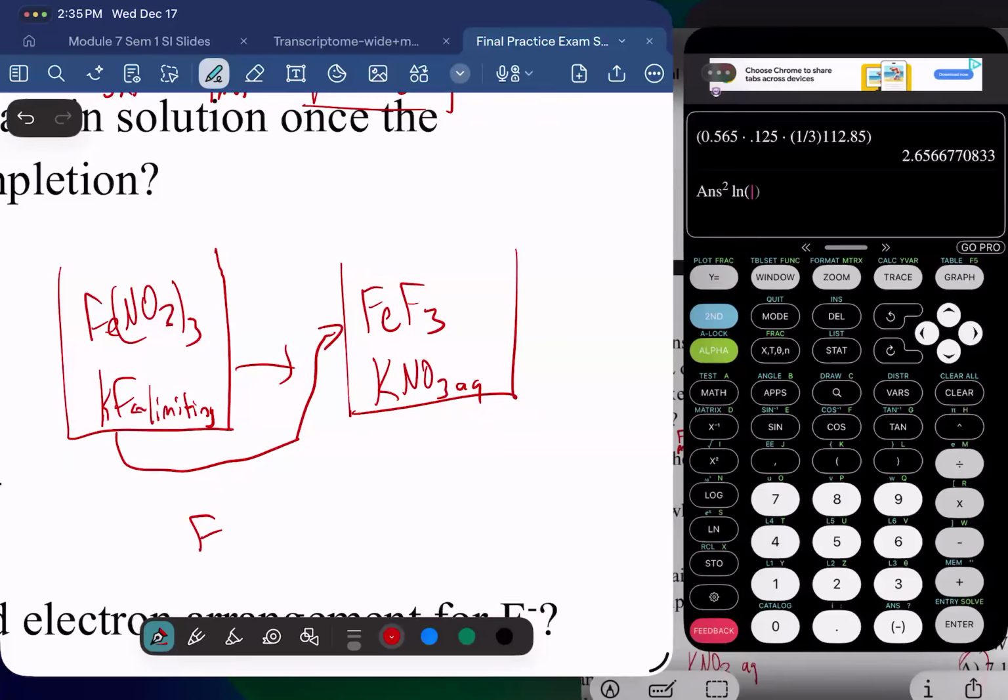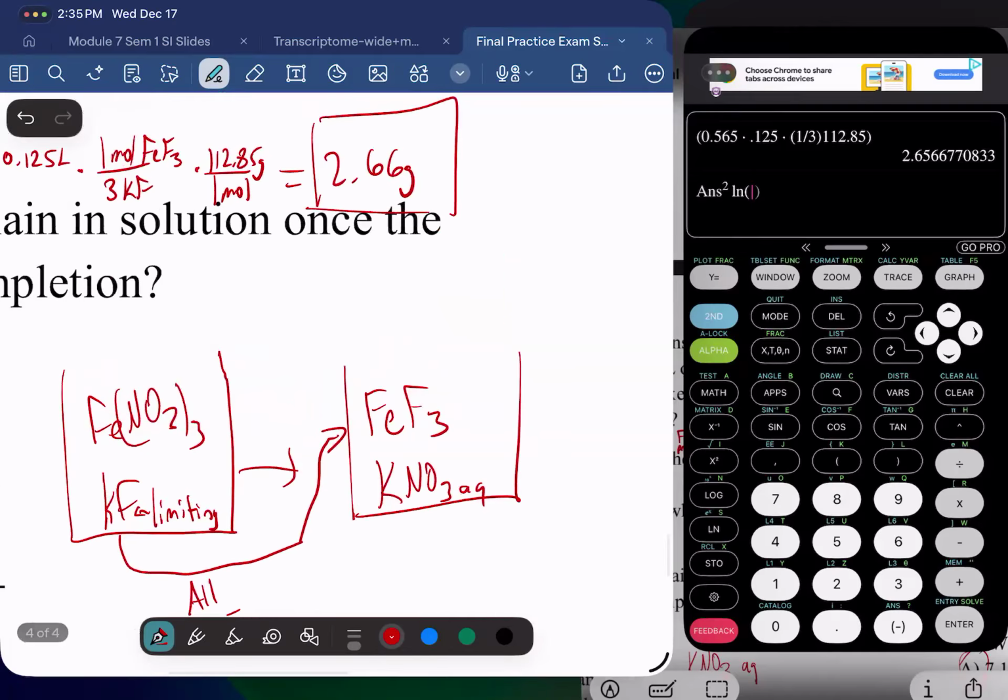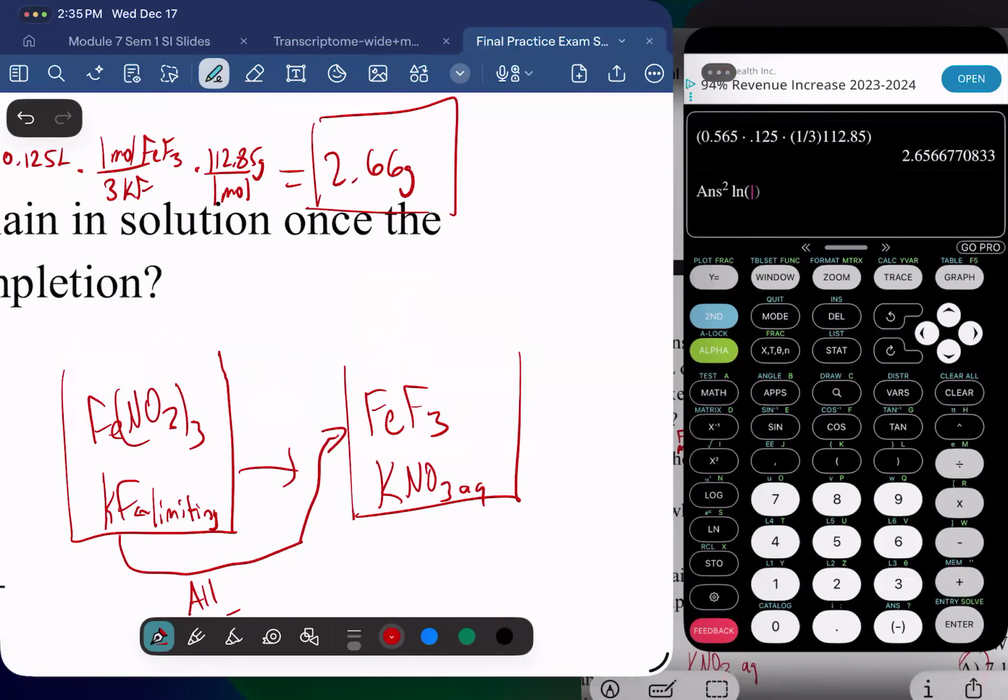So all of the fluoride ions will react and go into this precipitate, all of them. But for iron nitrate, because we figured out that this is in excess, it's not going to run out. Obviously some of the iron is going to go into it, but because there's more iron than needed to facilitate the reaction, there's going to be excess iron 3 plus ions in this.